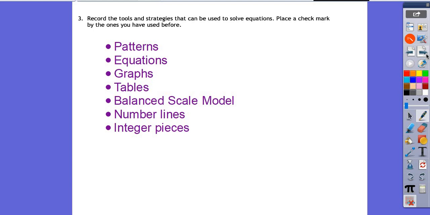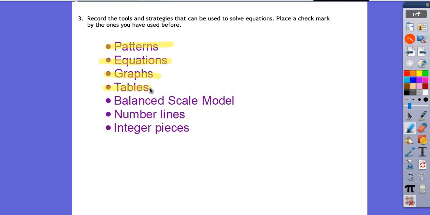In the past, before today, have we looked for patterns? Yes, ma'am, so we'll check that off. Have we seen equations with equal signs? Yes. Have we looked at graphs to answer questions? Yes. Have we looked at tables to answer questions?